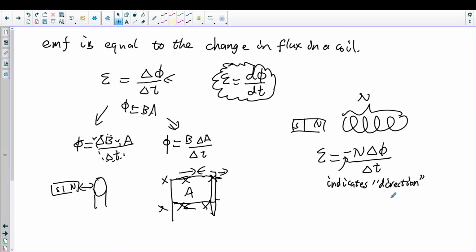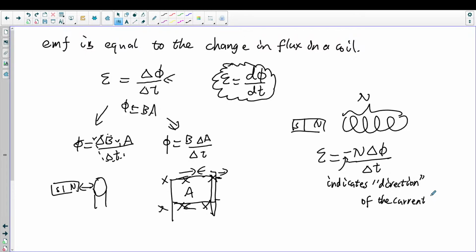Yes, EMF is a scalar. It's a voltage, right? Doesn't have a direction. This actually indicates direction of the current. I'll talk more about that when we talk about Lenz's law. Which means direction actually matters. So how the field changes actually matters. It's not just the field change.